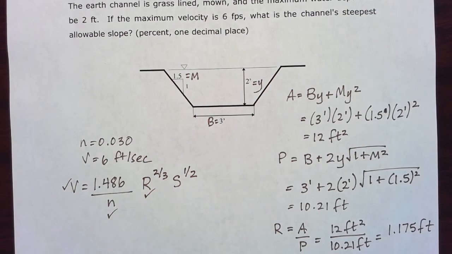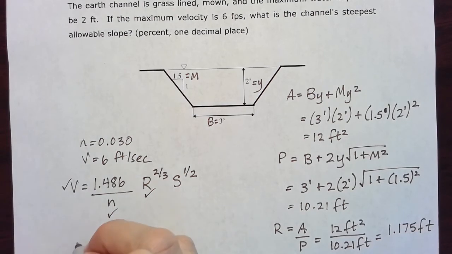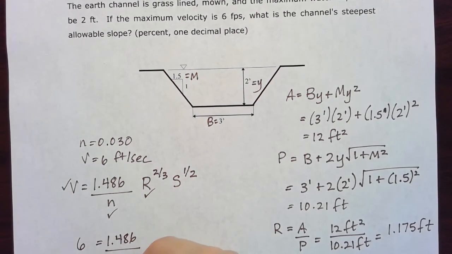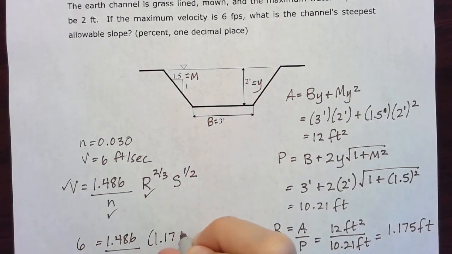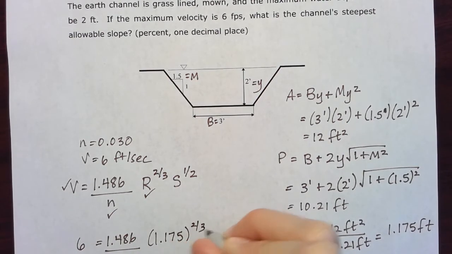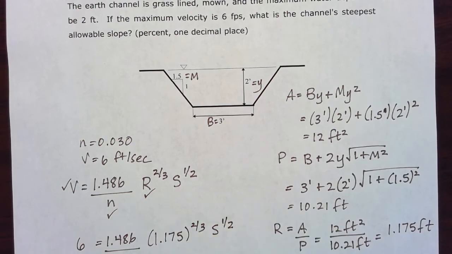So oftentimes when I use this equation, I just put the numbers in, but I know that when I put velocity in, it has to be in feet per second. When I put hydraulic radius in, it has to be in feet. So v is just equal to 6 here, and that's 1.486 divided by the 0.03, and then I'll call that r 1.175 to the 2/3, and then some unknown s to the 1/2.